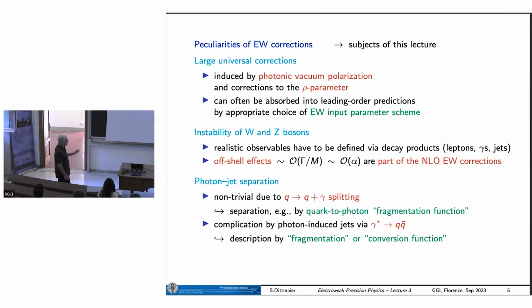That means this charge renormalization constant delta Z_e that I have introduced, if you start to calculate it, you see already a little bit of trouble going on there. There are large corrections in there. And how they combine with the other corrections in your process plays really a role in what kind of electroweak corrections you get at the very end. So this is clarified and further elaborated on under the label electroweak input parameter scheme.